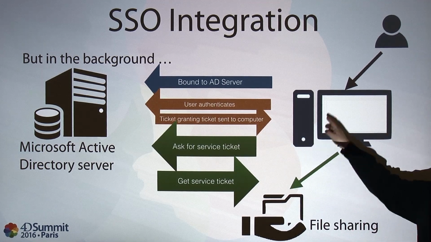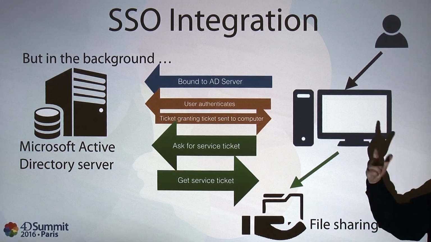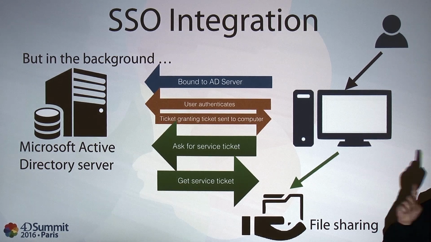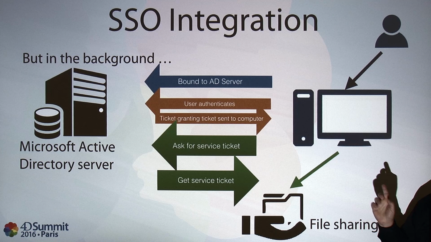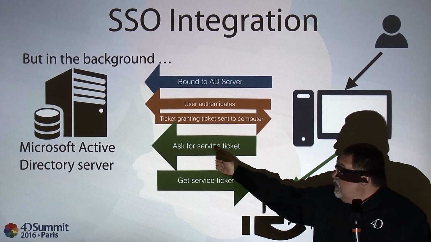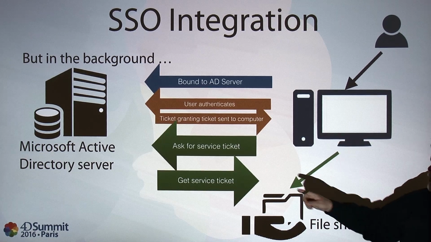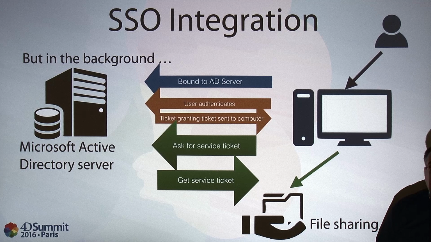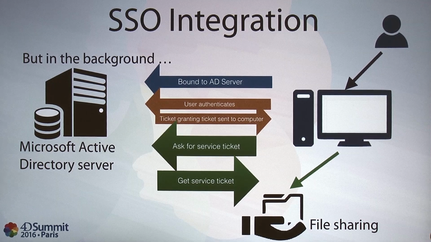So it's very important in an Active Directory network or Open Directory network for all the clocks to be synchronized, because if you have more than 5 minutes difference, this ticket might not be valid. The ticket he's getting might be for a granting ticket that already expired. That's very important.